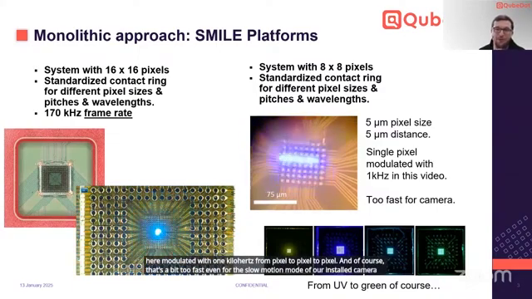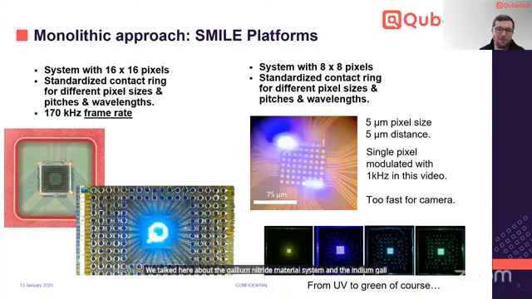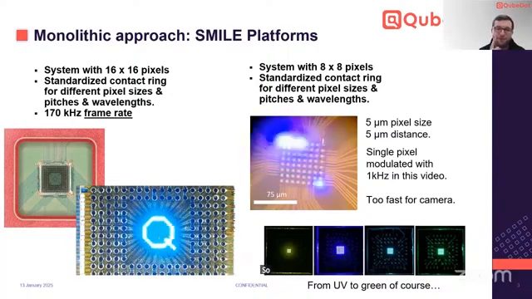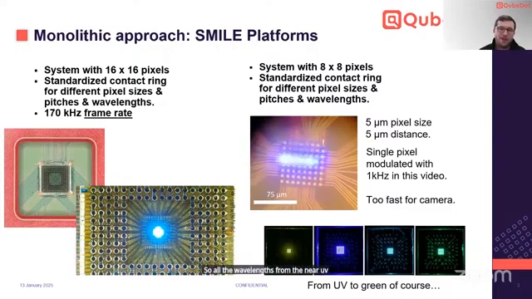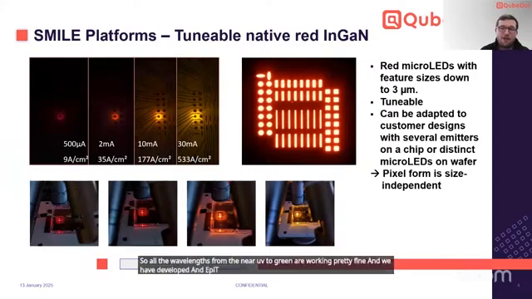We talk here about the gallium nitride material system and the indium gallium nitride material system. So all the wavelengths from the near UV to green are working pretty fine. We have developed an epitaxy as well that allows us to shift the emitting wavelength from a red, for example 630 nanometers red, to a yellowish color itself.